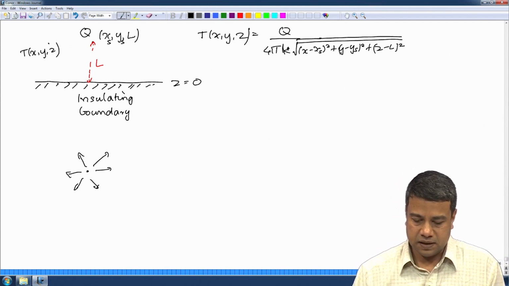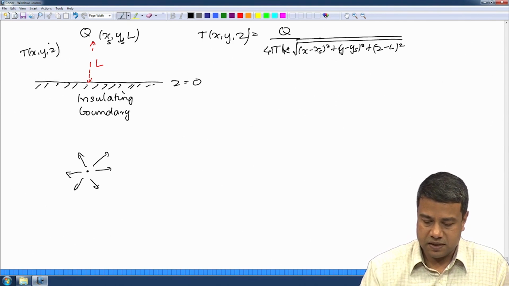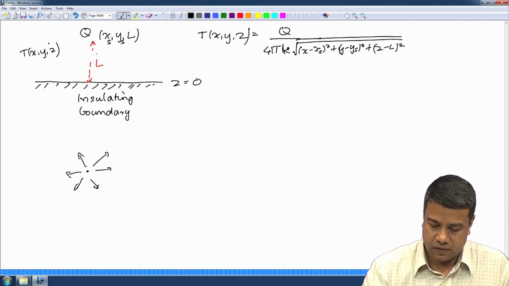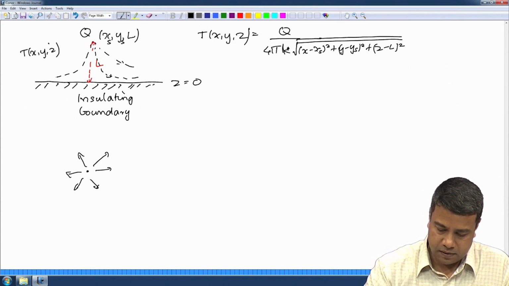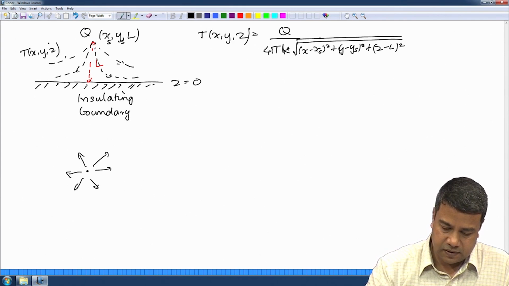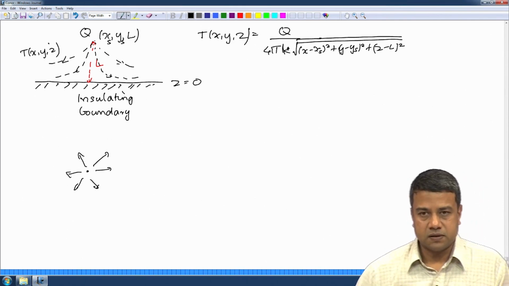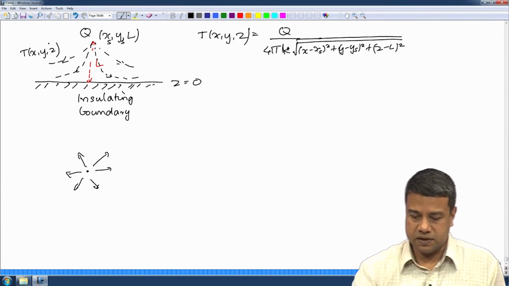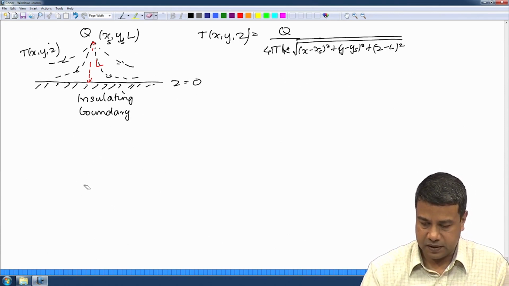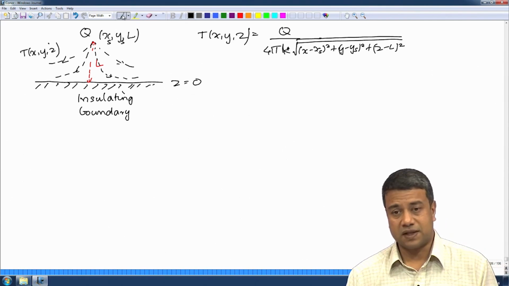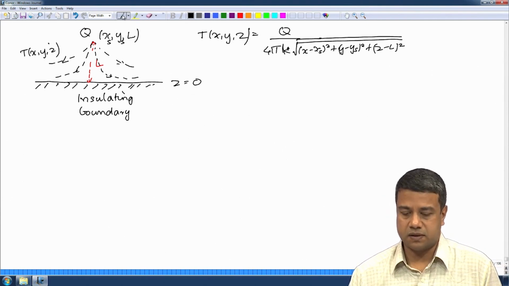In this case, since the boundary is insulating, the flux lines cannot go through the boundary. So, therefore, there is going to be a distortion to the temperature field due to the presence of this insulating boundary. And the question is, how do you calculate that? How do you calculate the distortion to the temperature field due to this insulating boundary?